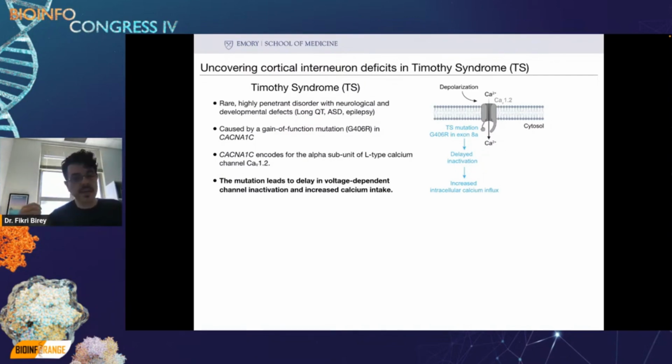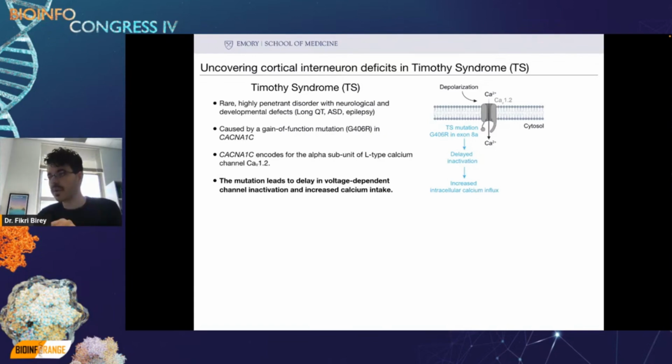It's a very deleterious mutation, so it's not found all over the place, but it's a very severe neurodevelopmental disorder that causes various developmental defects, cardiac defects. But molecularly speaking, it's caused by a gain of function mutation in the gene called CACNA1C, which encodes a particular subunit of a calcium channel.